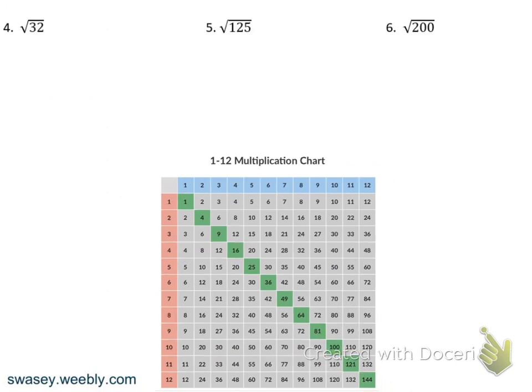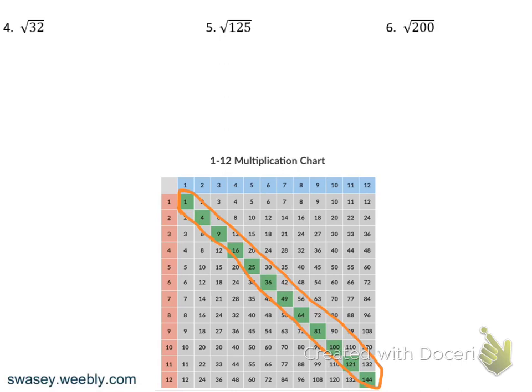They're not always perfect square numbers. So when we look at 32, we want to think what can multiply to get 32 that is a perfect square. So you're thinking through, are any of these numbers in green factors of the number 32?